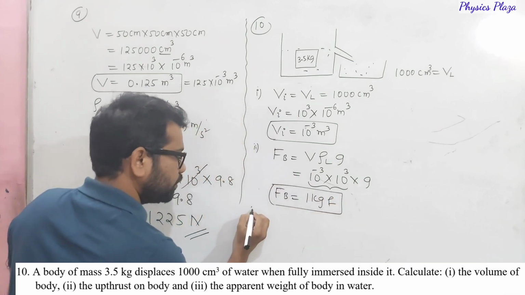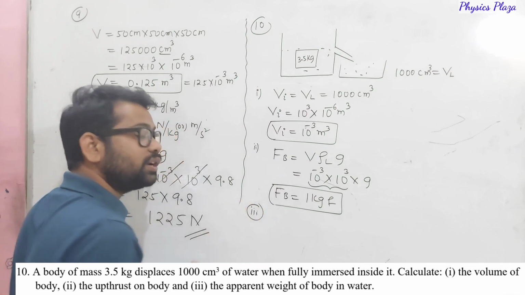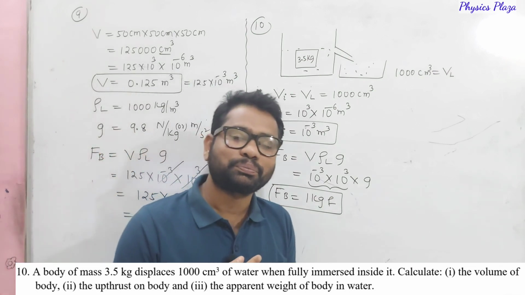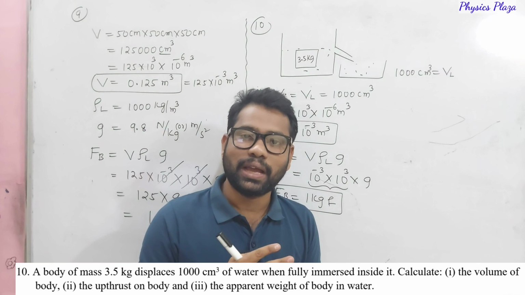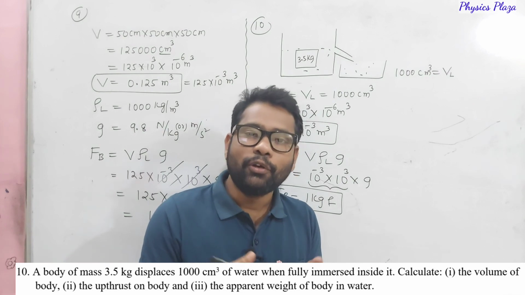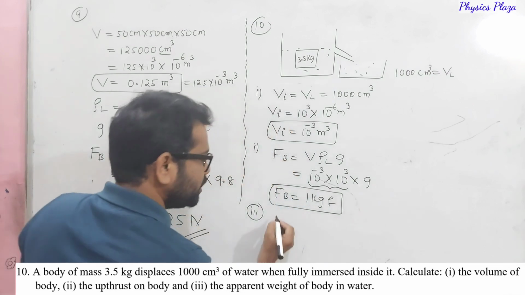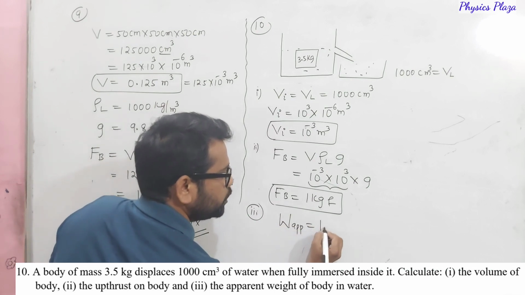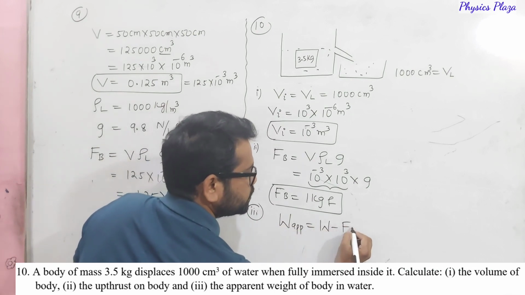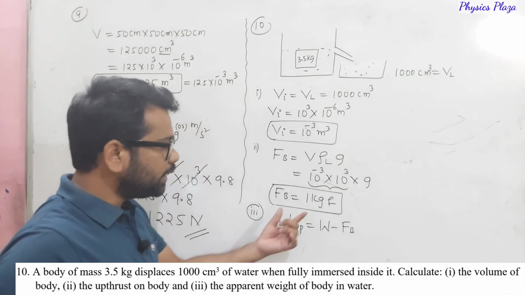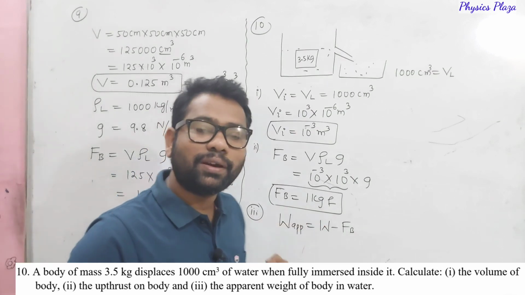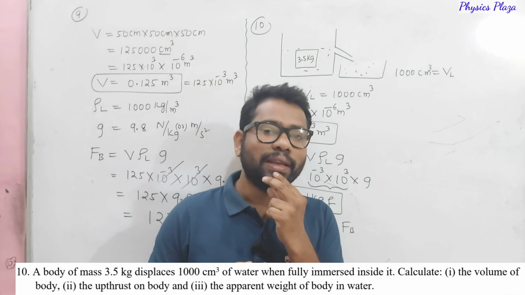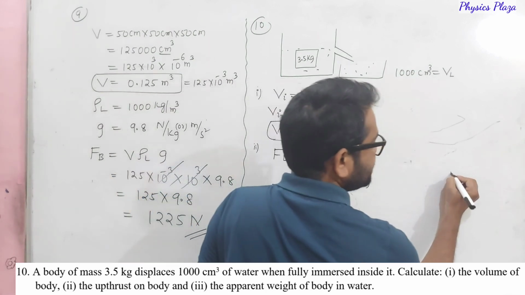Fine. Third one, what we need to calculate, children? We need to calculate the apparent weight. To calculate the apparent weight, we must know the true weight, because here apparent weight is equal to true weight minus buoyant force. Here buoyant force is calculated, 1 kgf, but true weight is not given. That we have to calculate. How, children? Mass is given, right?